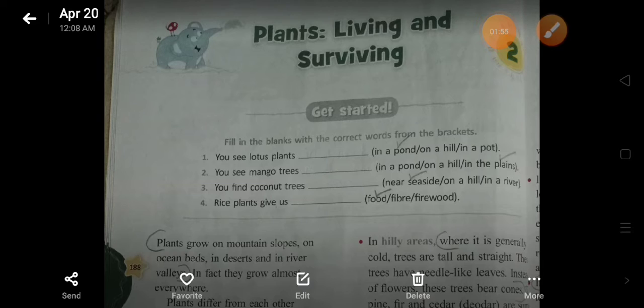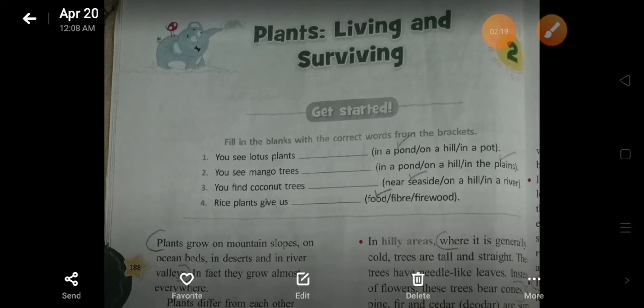Question number 4. Rice plants give us dash. Options food, fiber, firewood. Rice plants give us food. Answer is food.